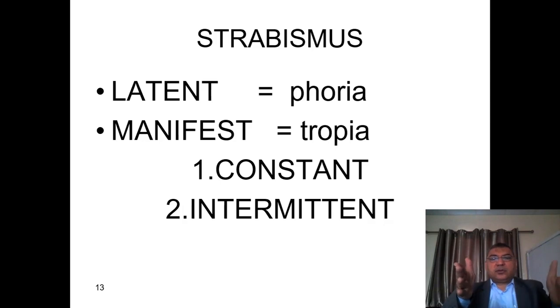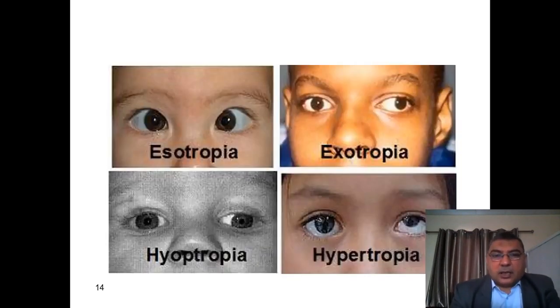If you occlude or disturb the vision in one eye, this eye will deviate under the occluder or the filter or anything that interrupts the vision. If you remove the cause, the eye will return to fixation. This is called latent strabismus or phoria, the latent squint, and the other is the manifest squint. Okay.